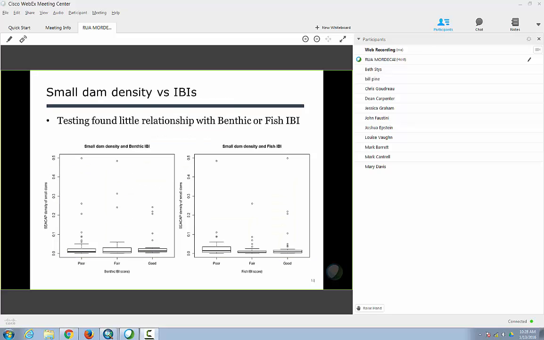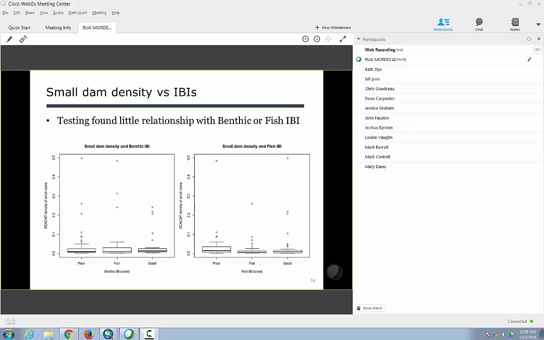And here also is the testing. We really found basically no relationship between the small dam density and any of the IBIs in our testing, the fish or the benthic IBI. Same as you looked at before, but here on the left you've got the benthic IBI, on the right you've got the fish, and it really wasn't predicting the scores at all.